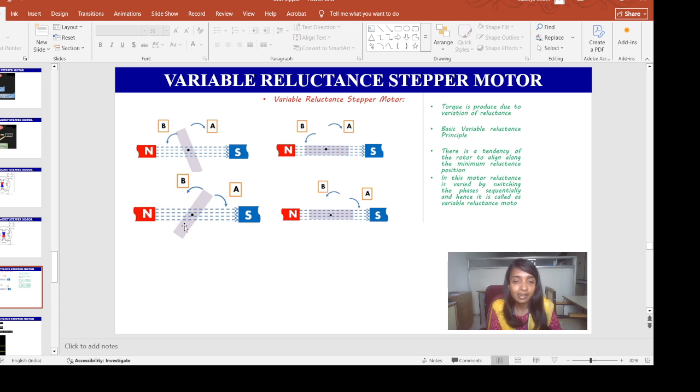So when it is aligned like this, in this situation it will rotate in the A direction, the clockwise direction. That means the magnetic flux will tend to take the minimum reluctance path. And once it is aligned like this, magnetic lines of force can easily pass through it.